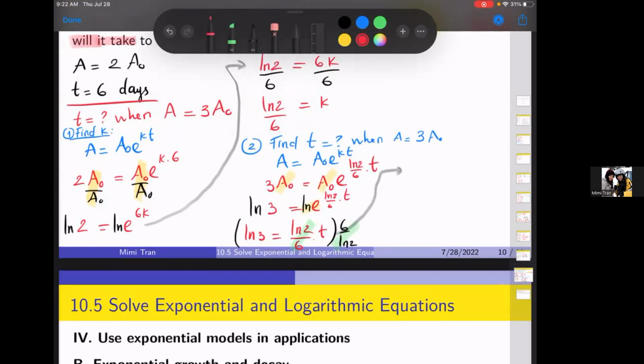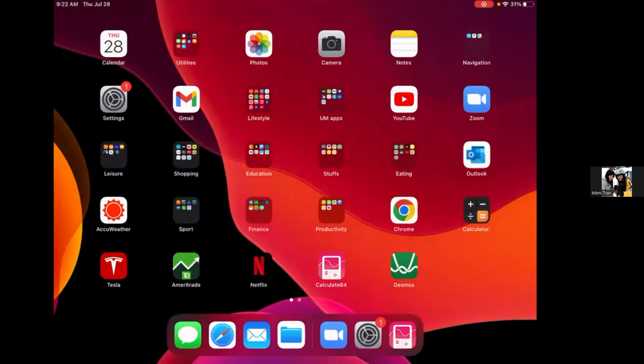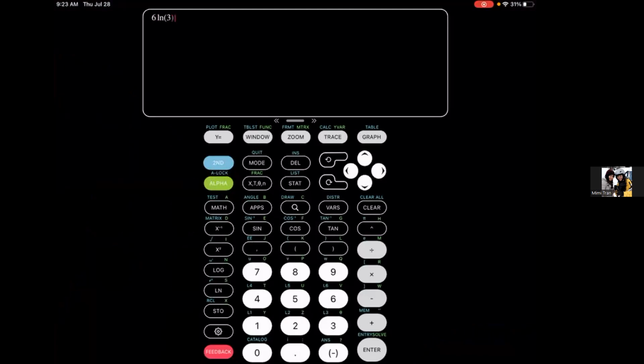So on the left hand side, it's going to be ln of 3 times 6. You know what? I'm going to put the 6 in front. I don't like the 6 next to the 3. Yeah, 6 over ln of 2 times ln of 3 equal t. And you plug in your calculator, right? So roughly t is roughly, let's see, 6 ln of 3 divided by ln of 2.